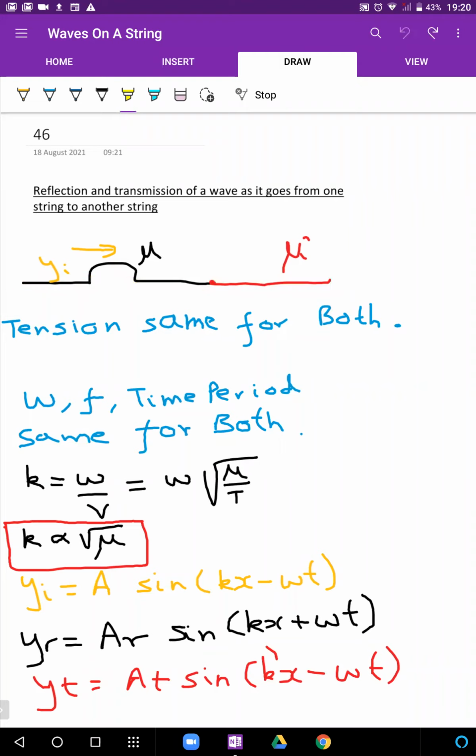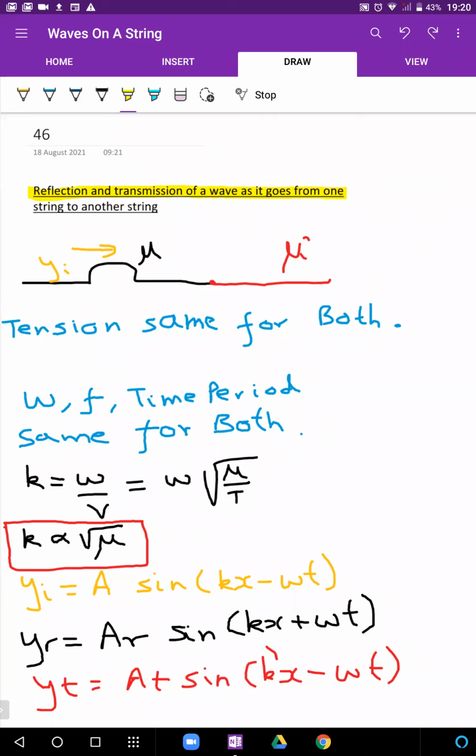I've colored them as the black string and the red string. The black string's linear mass density is mu, and the red string's linear mass density is mu dash. Okay, so you have mu and mu dash. We are seeing how the wave gets reflected and transmitted as it goes from one string to another.